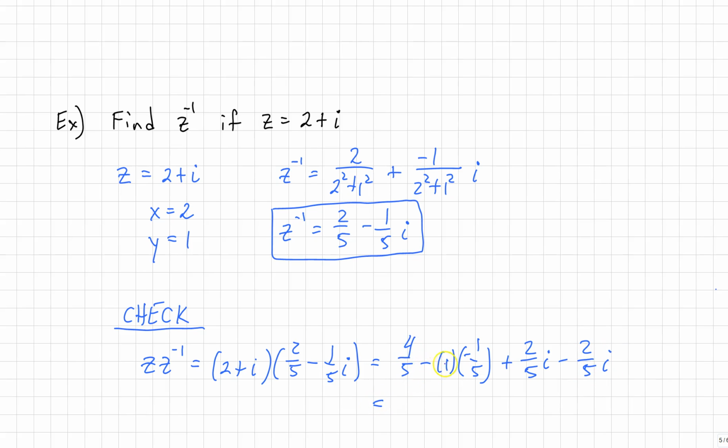So we'd have 4/5 plus 1/5 is 1, and then 2/5 i minus 2/5 i would be 0, so we end up with 1. So this does actually multiply together to give us positive 1, which is the multiplicative identity.